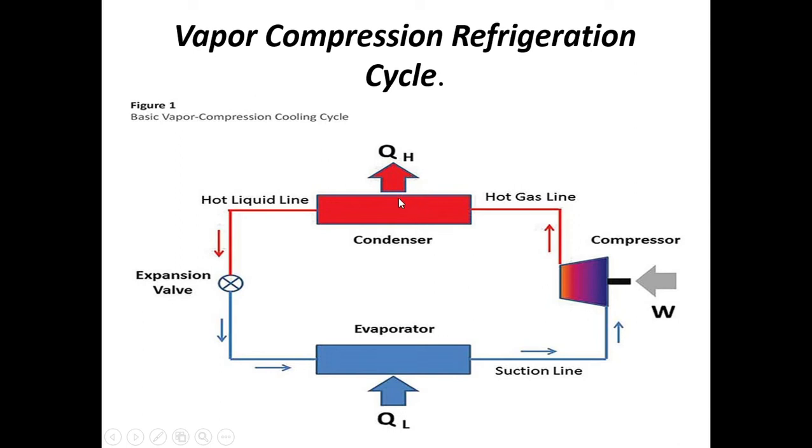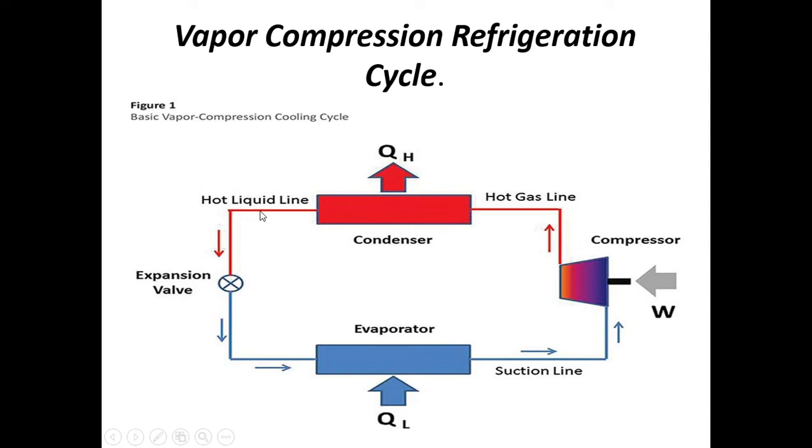So definitely heat will flow from the condenser to the outside air. The refrigerant rejects its latent heat to the outside air because its temperature is very high, and hence it condenses. So after the condenser, you get a hot liquid.